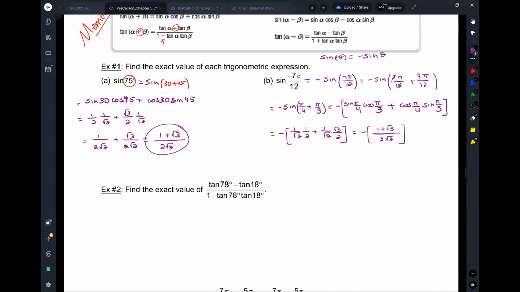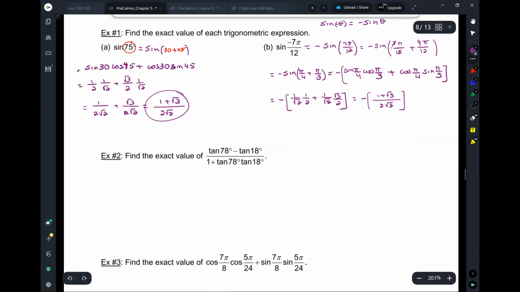Okay? All right. Now, there are a few ways of writing this. You can either do it like this, negative 1 plus root 3 over 2 root 2, or distribute the negative into the numerator, negative 1 minus root 3 over 2 root 2.